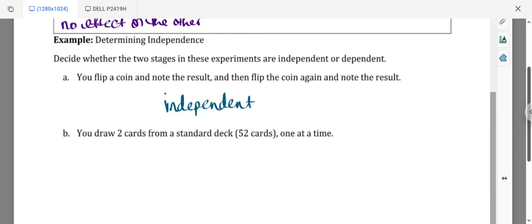However, this next one is dependent. You draw 2 cards from a standard deck, one at a time. So if you draw the first card, then the second card you have the option of getting depends on what you do the first time, because now you can't get that card.